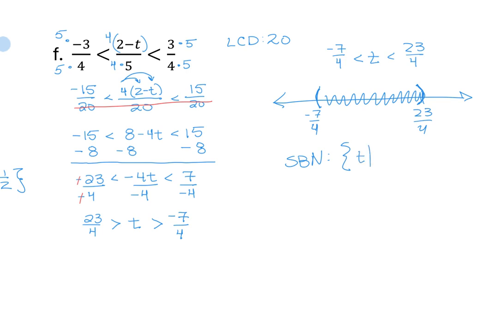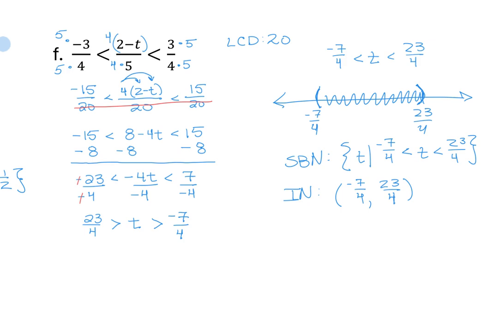Our variable is t, and then we write our inequality. We have negative 7 over 4 is less than t is less than 23 over 4. And then if we want interval notation, we have our leftmost value is negative 7 over 4 with a parenthesis, and 23 over 4 on the right, also with a parenthesis.